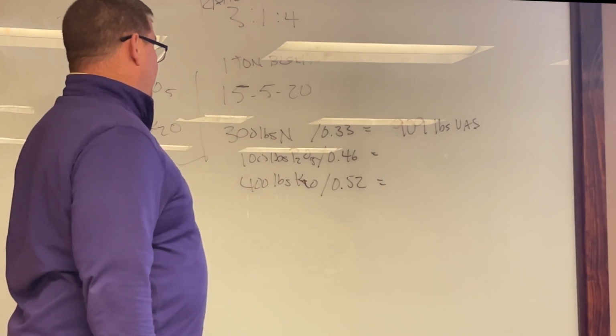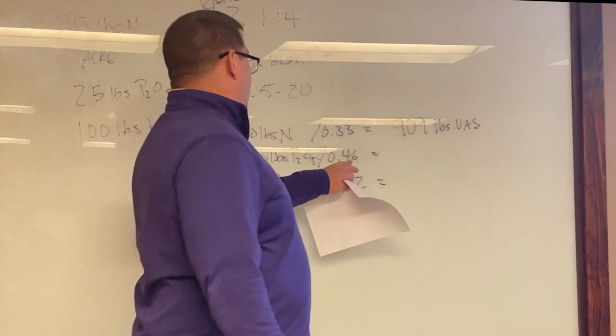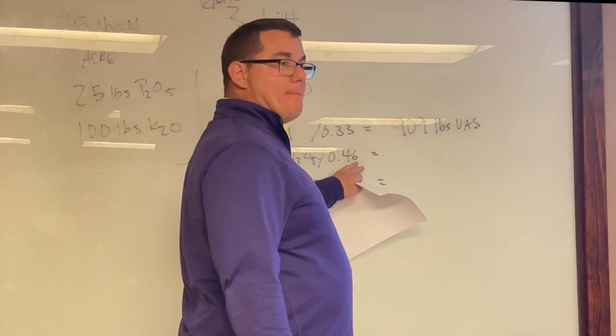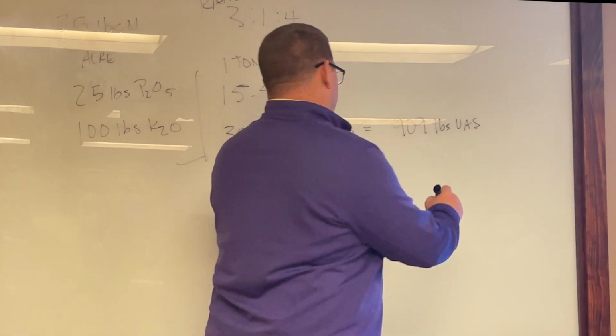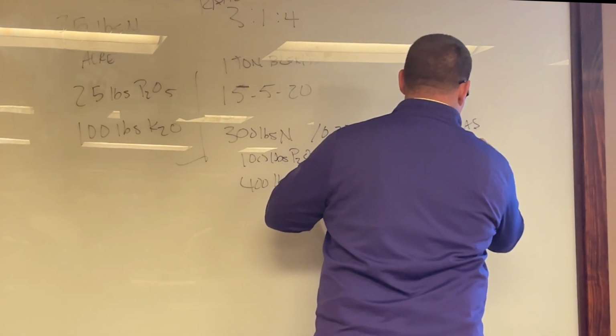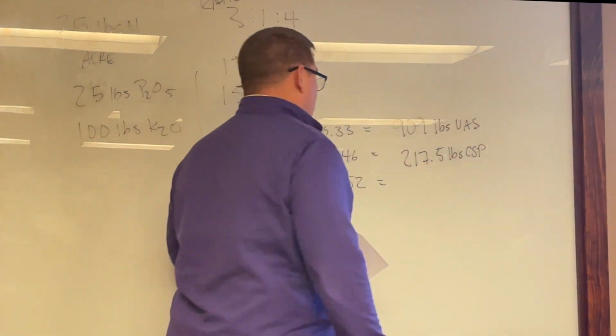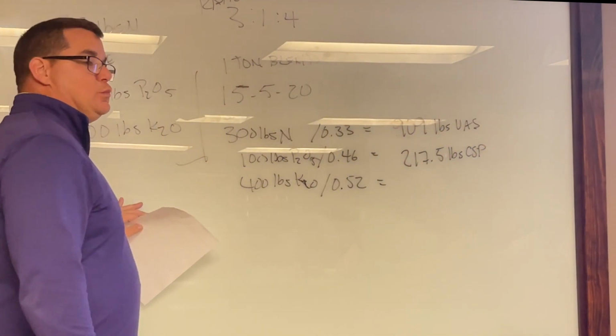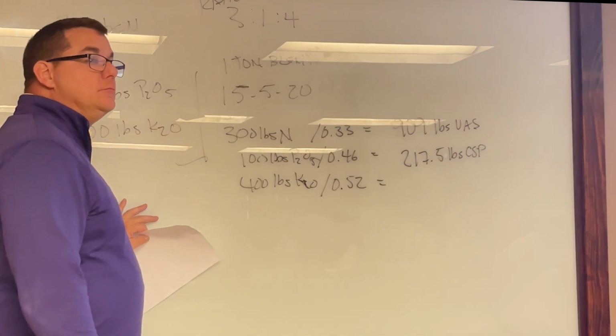How many pounds of P2O5, how many pounds of this CSP? 217.4. And 769.